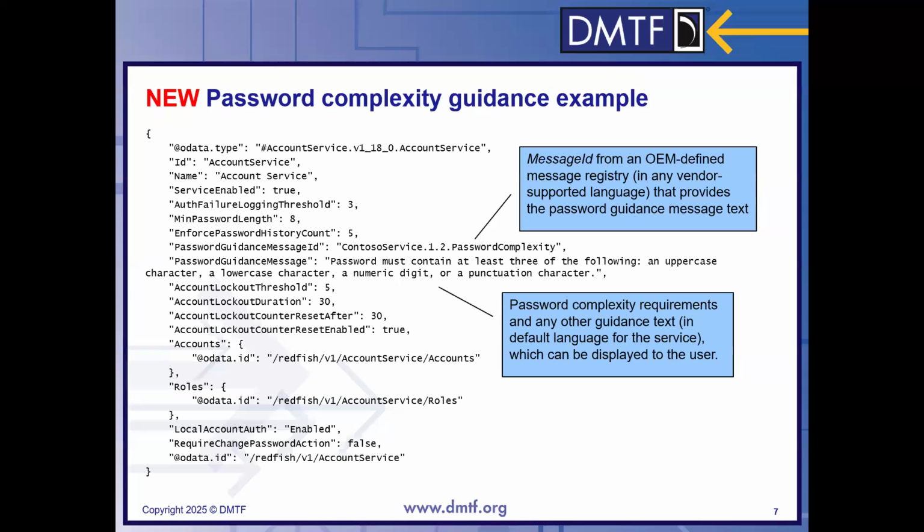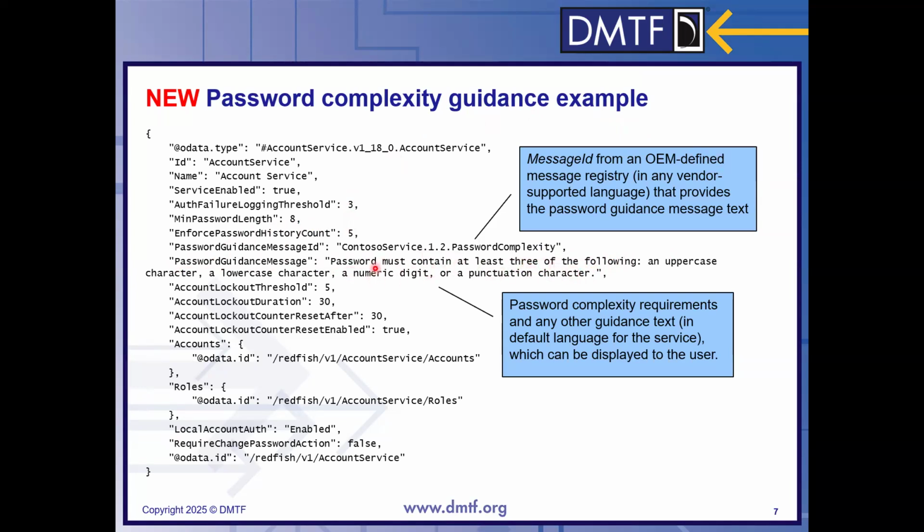So here we are on AccountService, and so here are the two new properties. First, start with the password guidance message. You can see here that this is giving text that could be displayed on a user interface or in response to a failed password attempt, a failed change attempt.